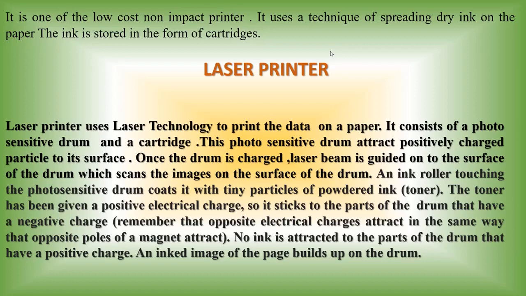This ink is a positive charged particle which then sticks to the photosensitive drum where it has a negative charge. In this way, an inked image is formed on the drum, which is then transferred onto the paper. So this is the technology that is used in the laser printer.